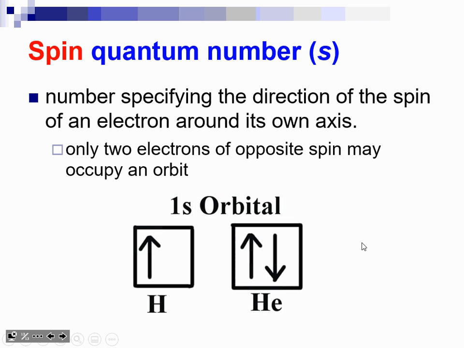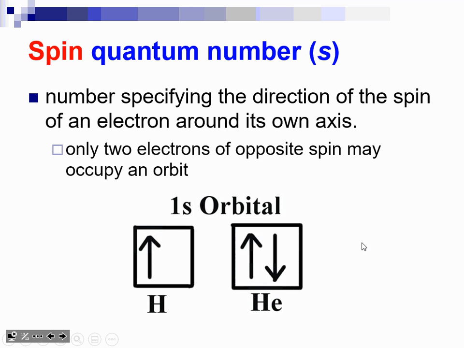So on that orbital, the electrons are spinning in opposite directions. This is how we represent orbitals, by squares. So this to me is the 1s orbital. The 1s orbital here has 2 electrons on it. One spinning this way, one spinning the opposite way. So that's how we signify the opposite spins, okay?